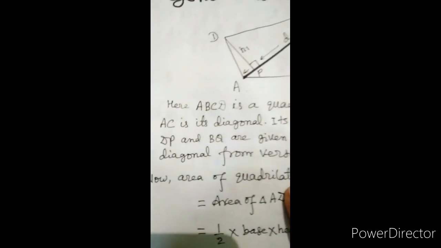Now try to find what we will get. Here ABCD is a quadrilateral. AC is its diagonal.